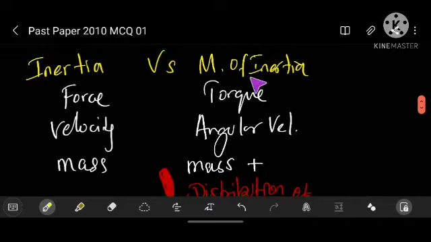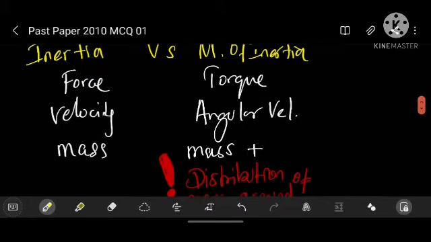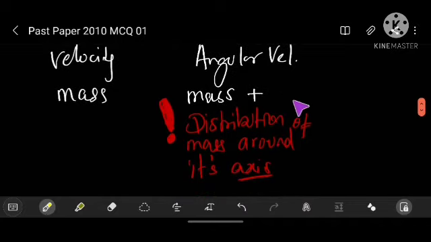Basically inertia and the moment of inertia are basically the same, but they have differences. Inertia is a property of matter which resists change in its state of motion, that we already spoke about. Unlike inertia, moment of inertia depends not only on the mass but also the distribution of mass around the axis.